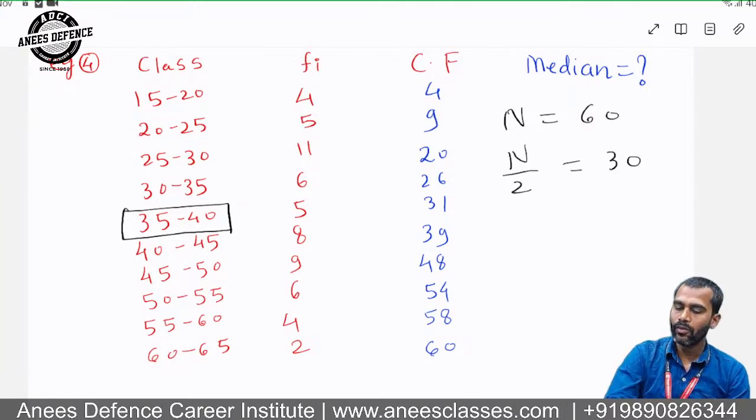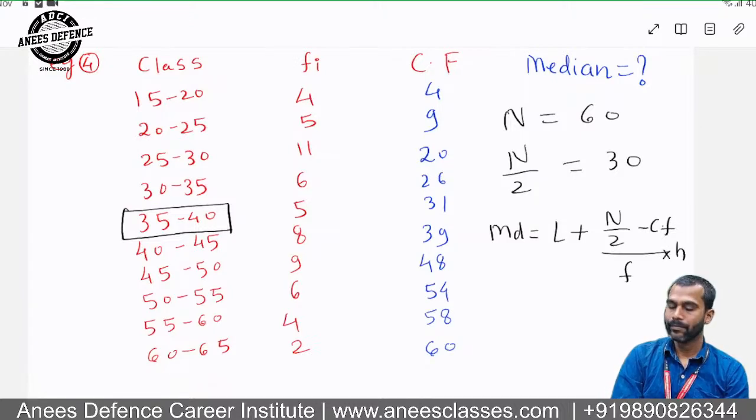Very easy. Now, what is the formula? Median is equal to L plus n by 2 minus CF divided by F into H. This is the formula, isn't it? Yes or no? What is L? 35 plus n by 2, 30 minus cumulative frequency would be 26.